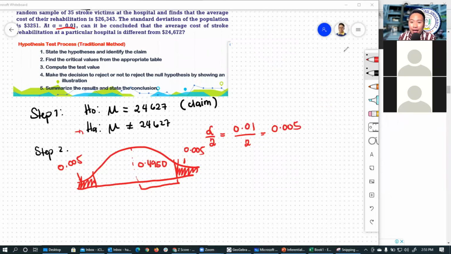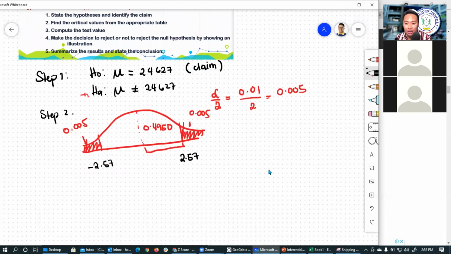So here, because we chose 2.57, we know that this part here is positive 2.57 and this part here is negative 2.57. So those are your critical values for a two-tailed test.